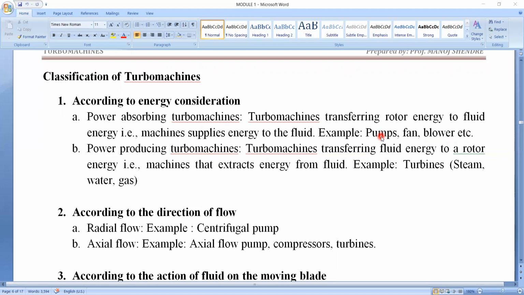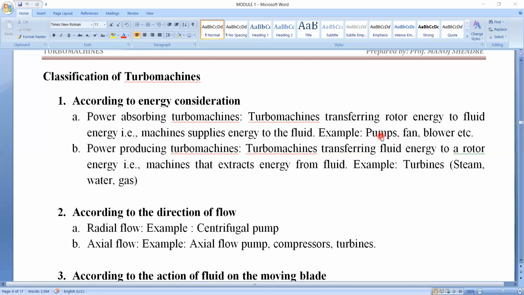The best example is the centrifugal pump or domestic pump, which is used to supply water from the bottom level to the top level at the expense of mechanical energy. Such types of turbo machines are categorized as power absorbing turbo machines.